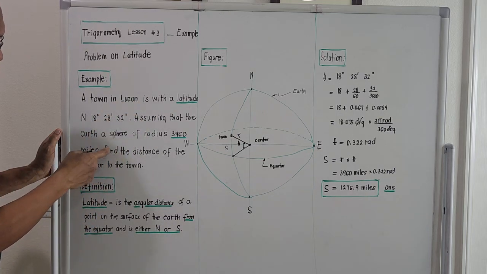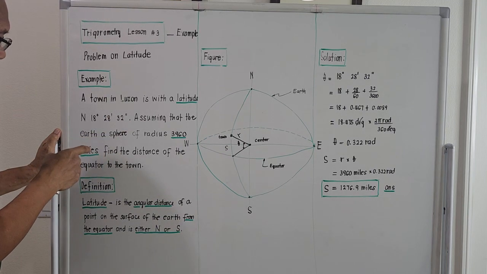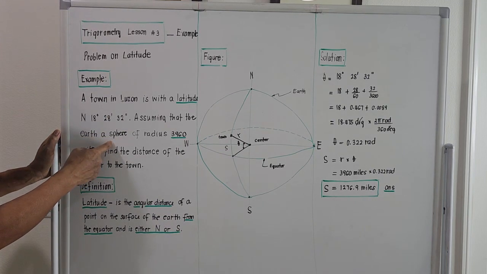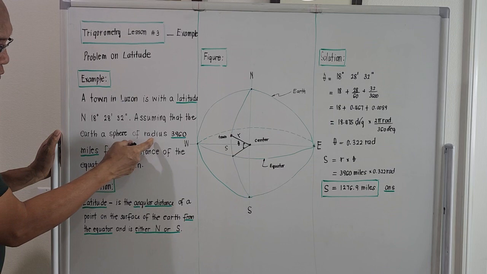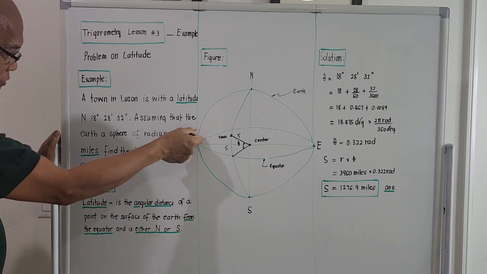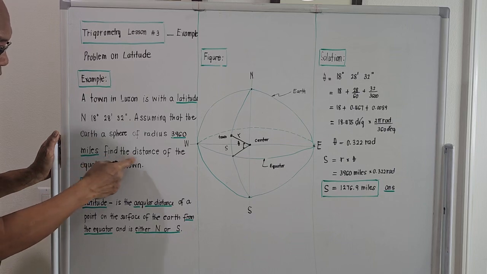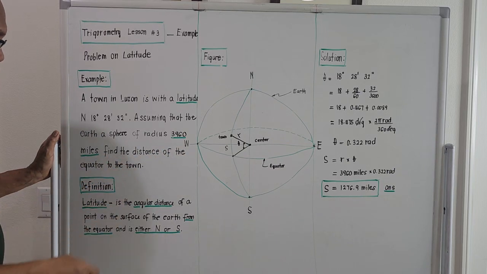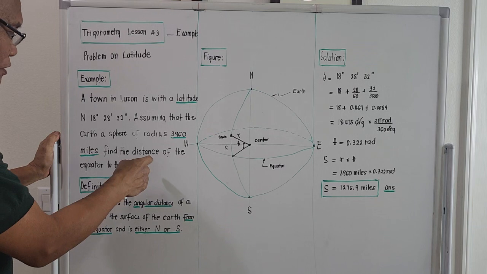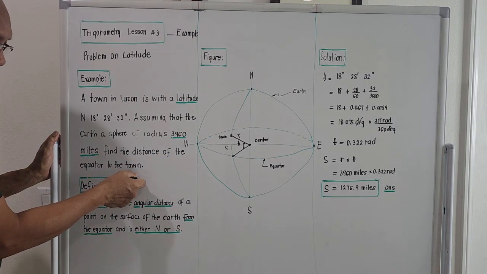Assuming the Earth to be a sphere, of which the radius is 3,960 miles, find the distance of the equator to the town.